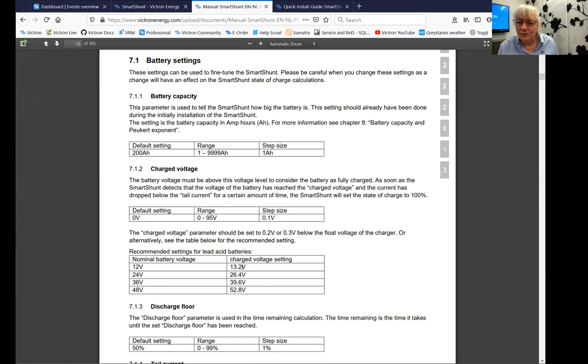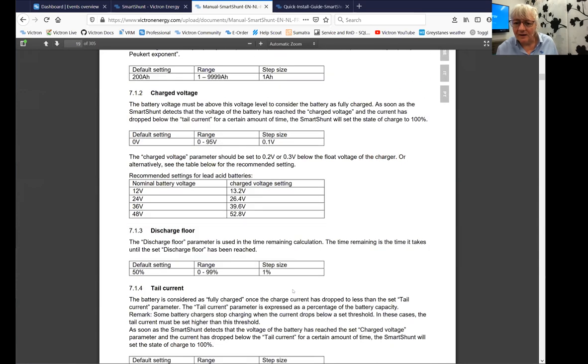So 13.2 is a good voltage, I would say. This is the float voltage, not the absorption voltage of your charger. Here it already says it should be 0.2 to 0.3 volt below the float voltage of your charger, or alternatively, use the recommended. And then discharge floor, ignore that for now.